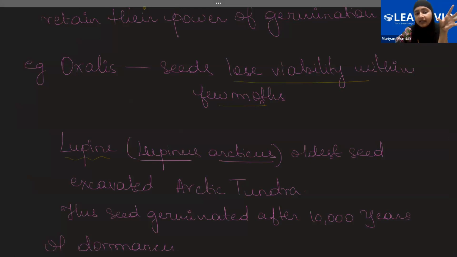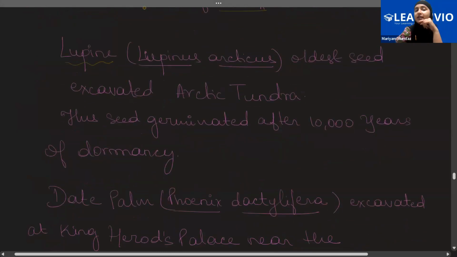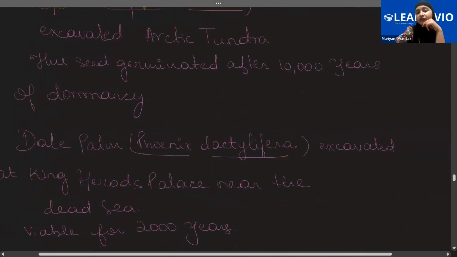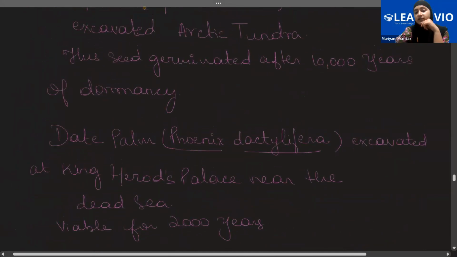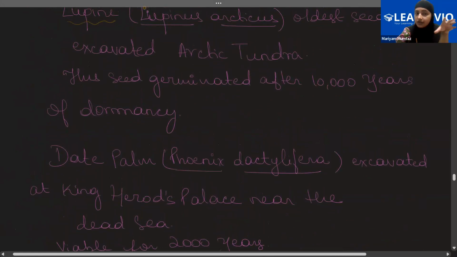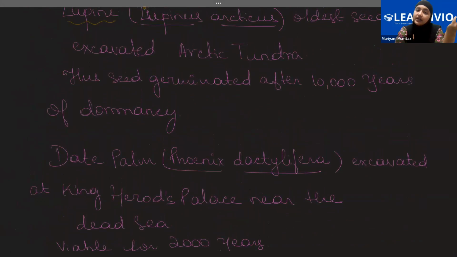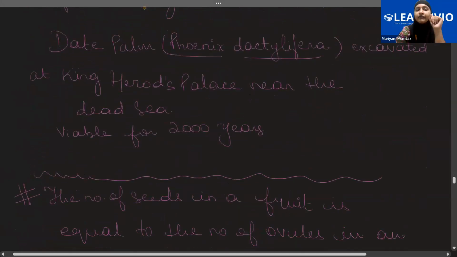Then there is lupine, the scientific name for which is Lupinus arcticus. It is the oldest seed which was excavated from the Arctic tundra. This seed germinated after 10,000 years of dormancy. Imagine, after 10,000 years, when water was provided to it, it germinated into a plant. Then there is another, the date palm, Phoenix dactylifera.